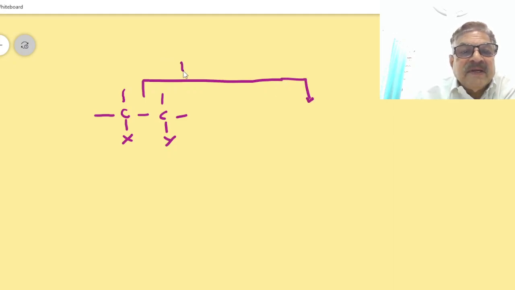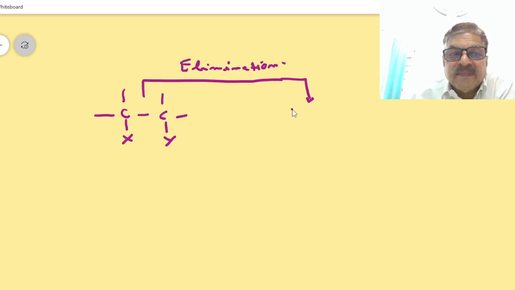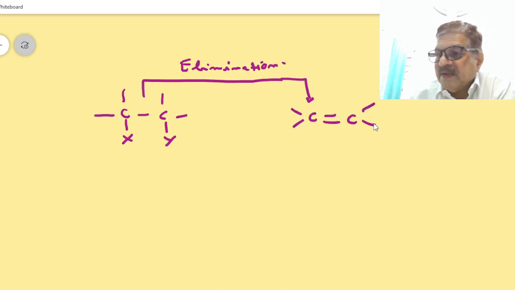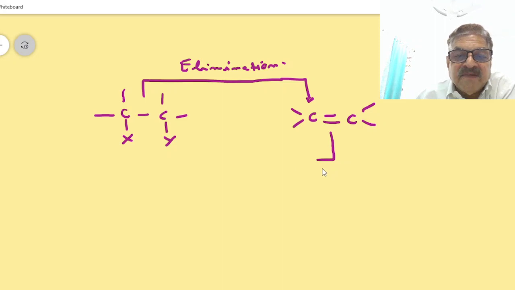This is elimination, I will just show. Elimination will form a pi bond. Correct. Like this here. Now, the sigma bonds are broken, and for the addition reaction, the pi bond is broken and sigma bonds are formed. So this will be the addition reaction here.